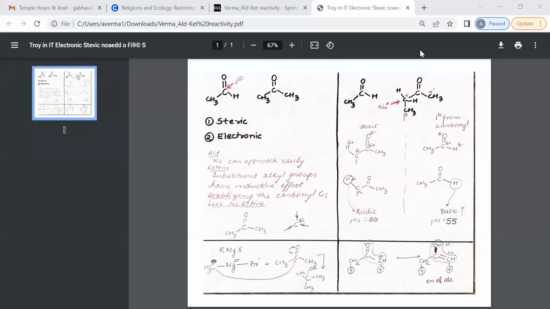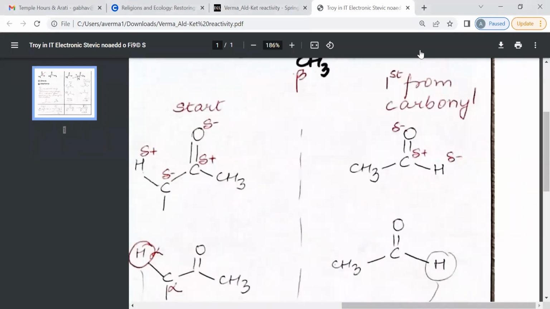So if you plant formal charges on these atoms, we see that a positive charge appears on the carbonyl carbon and a negative charge appears on the oxygen. So following this trend of pluses and minuses, the hydrogen next to your carbonyl carbon is a basic hydrogen. It is not a positive kind of hydrogen.